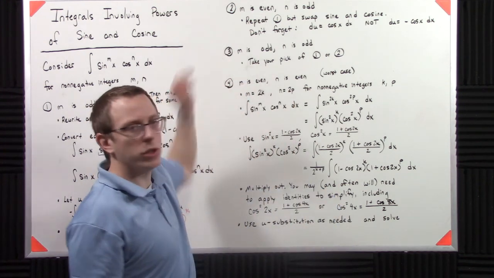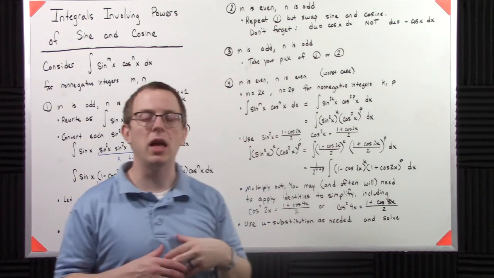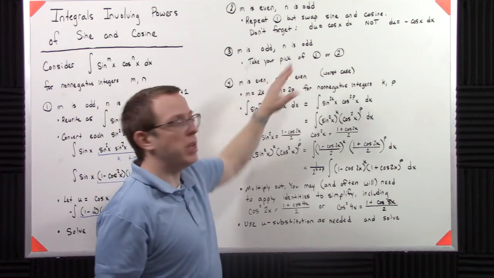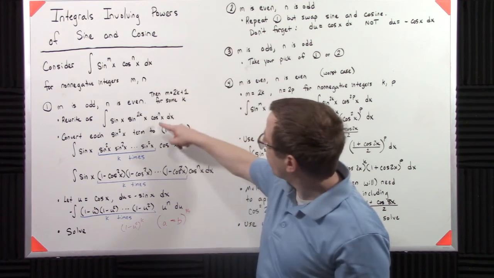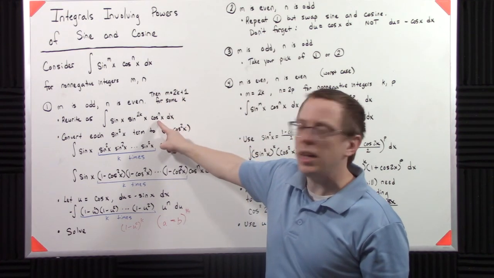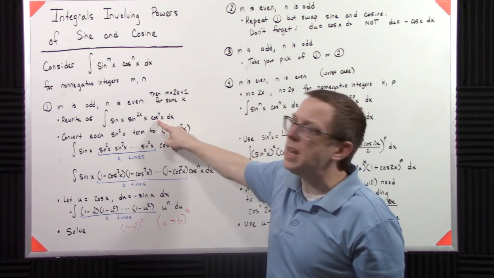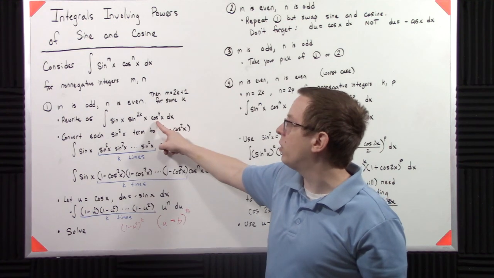The third one is actually your ideal case: m is odd and n is odd. If I had sine cubed and cosine cubed, I can actually pick either one. It doesn't matter, because what you notice when we walk through it is that cosine to the n didn't matter. We never needed to use anything about n being even or odd.